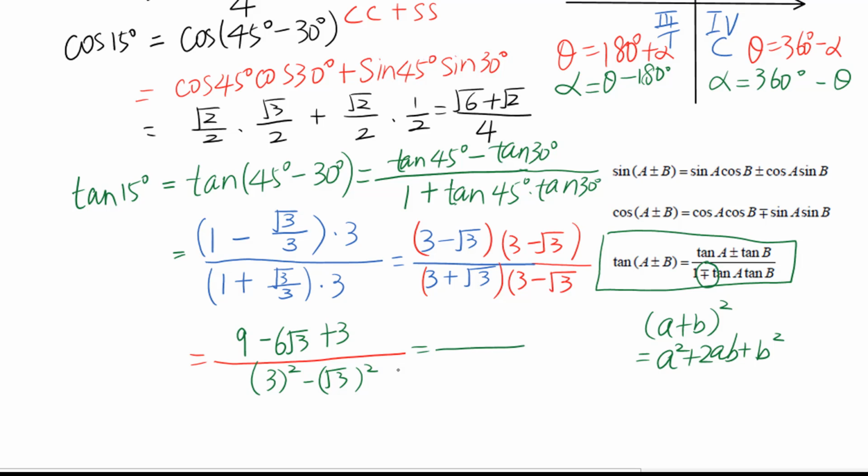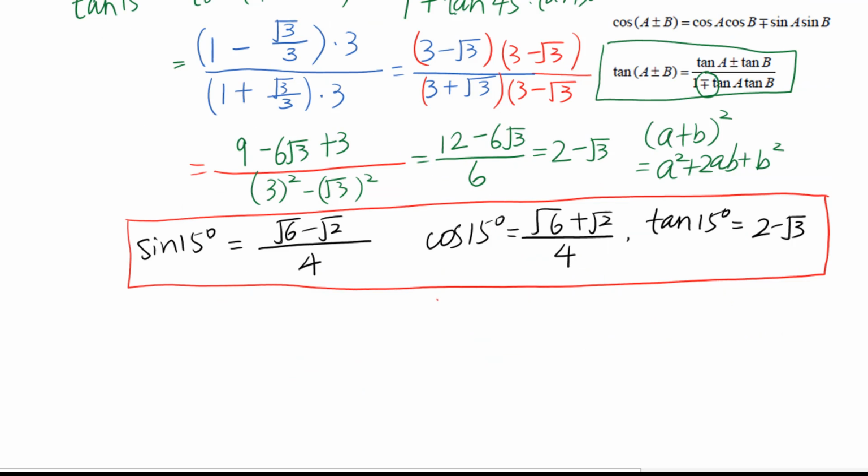So 9 minus 3 is 6 on the bottom. Here on top is 12 minus 6 square root of 3. Reduce, you will get 2 minus square root of 3. This is tangent 15 degrees.